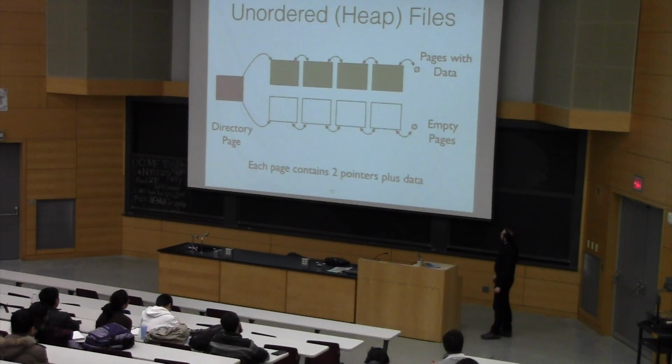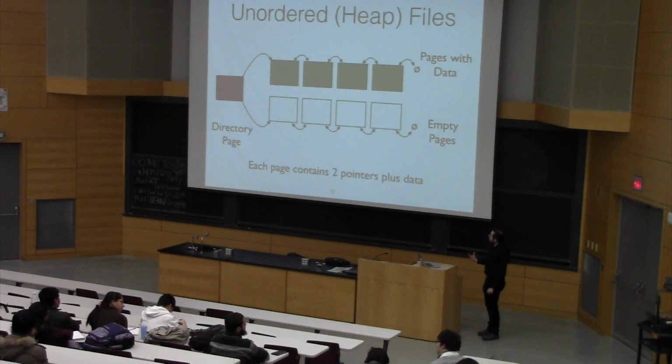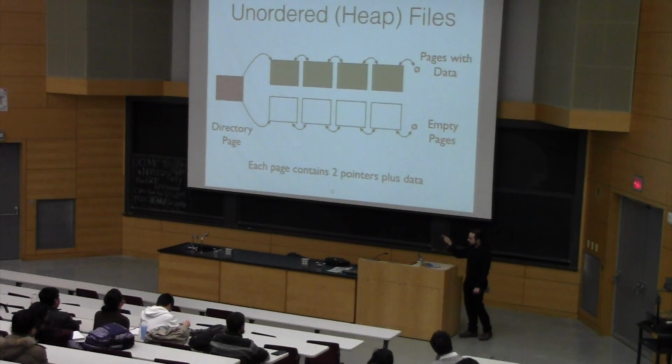So same deal. Essentially just create a linked list of these pages, and then we can go back and forth, and if we need to delete a page, then we take the page out of the linked list, we move it to the empty page list, and if we need to allocate a new page, we can do that easily as well.